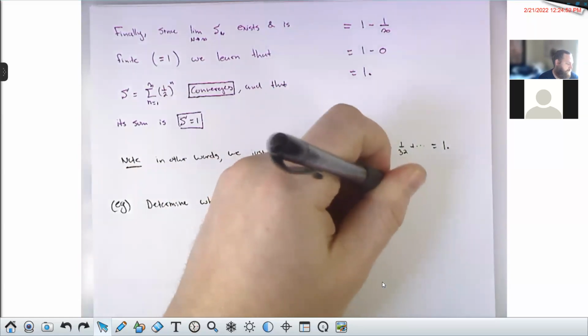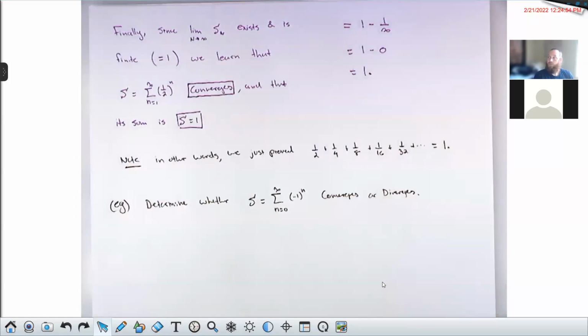I'll leave this one just like that. I want to know whether this series, the other series that we played with and found partial sums for, converges or diverges.